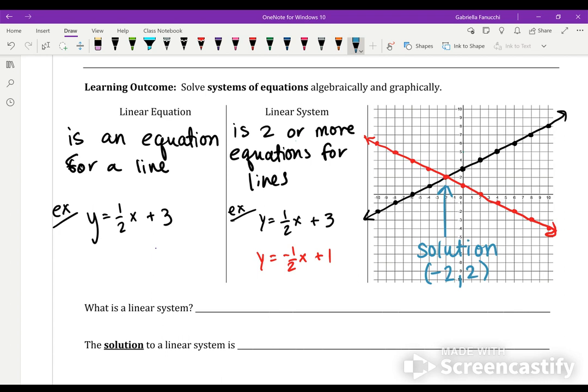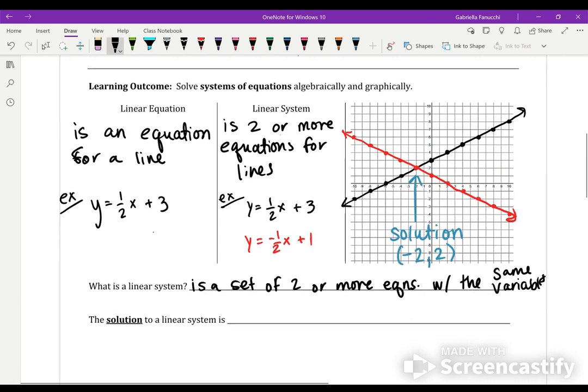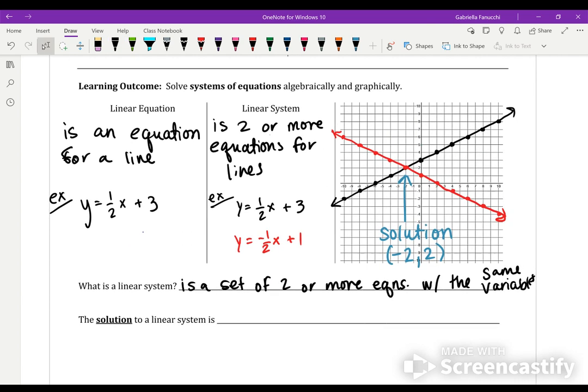Okay, so what is a linear system? It is a set of two or more equations with the same variables, meaning x and y. Maybe we're talking about m and r, I don't know, but it's going to have the same variables.